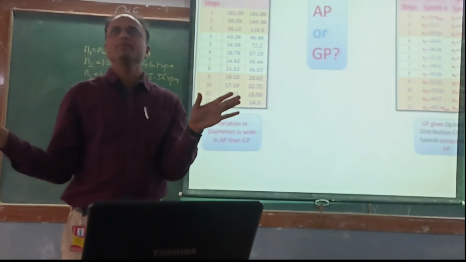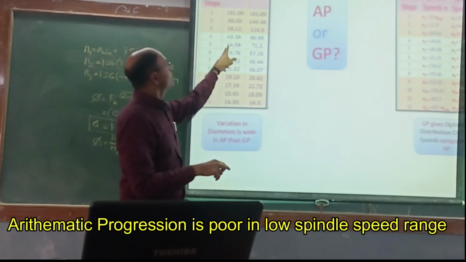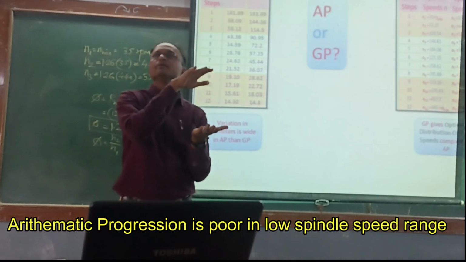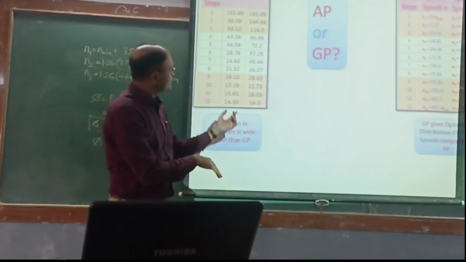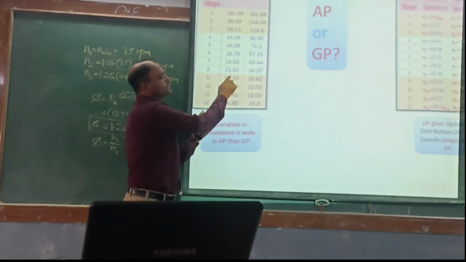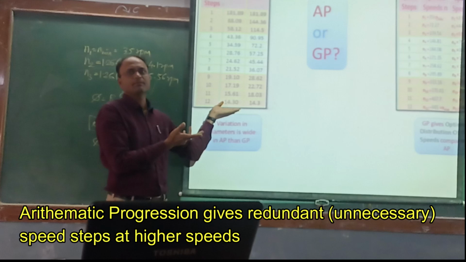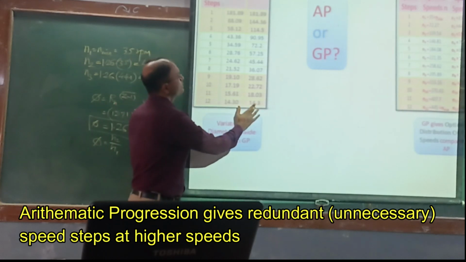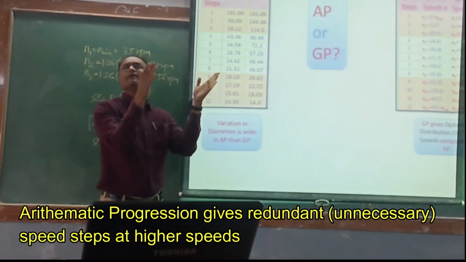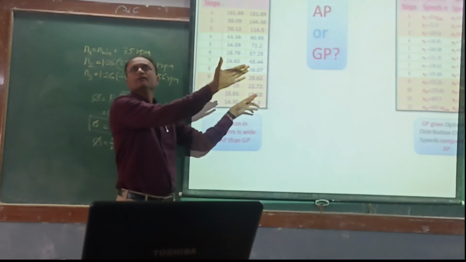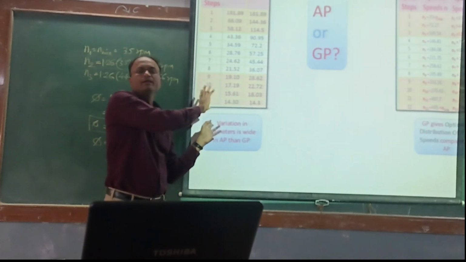no speed available. That's why it is said that arithmetic progression is poor in low spindle speed range and it is redundant in the high range. 14, 15, 17, 19, so many speed steps are not needed. But in geometric progression you get at least a wider gap in the speeds. That's why geometric progression is better as compared to arithmetic progression.